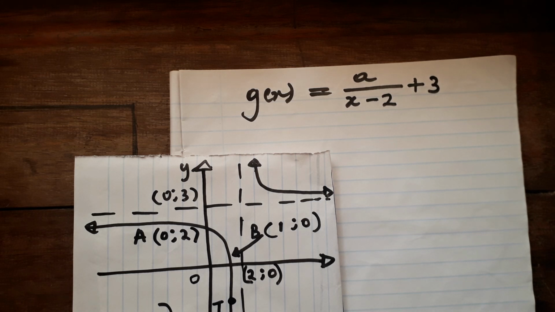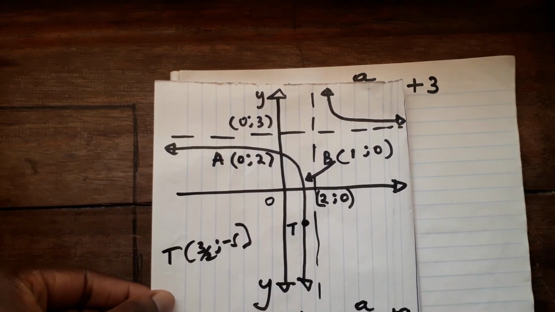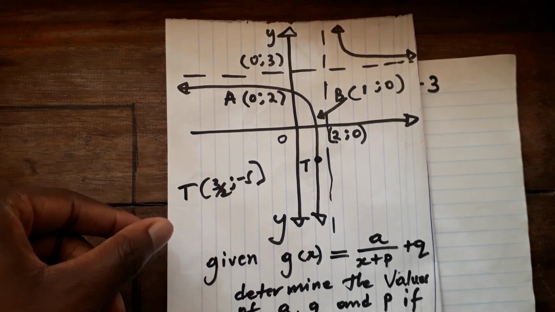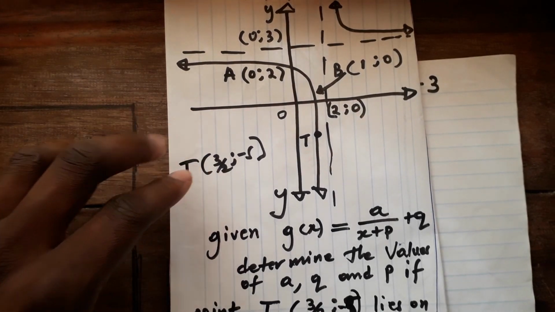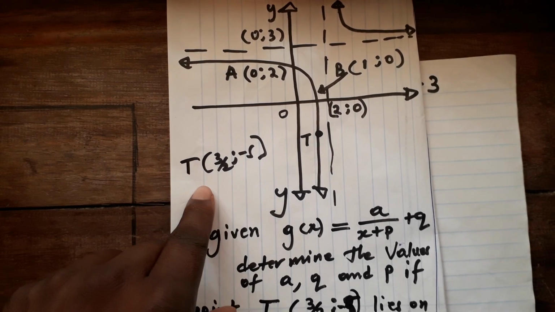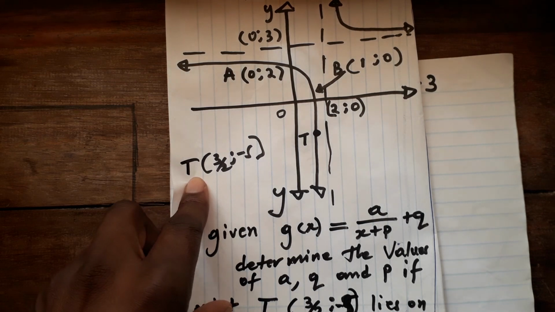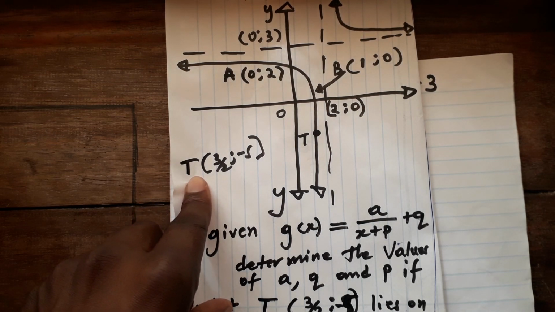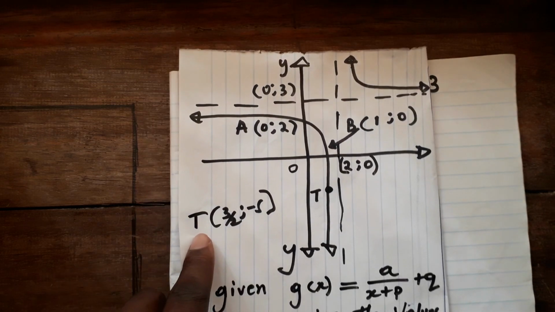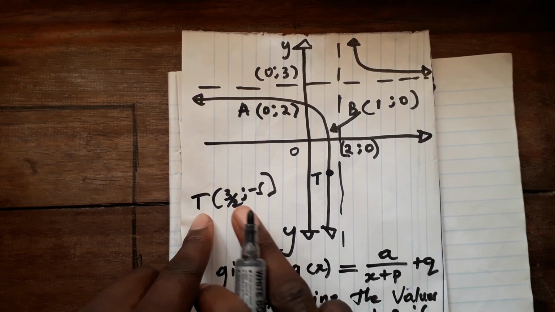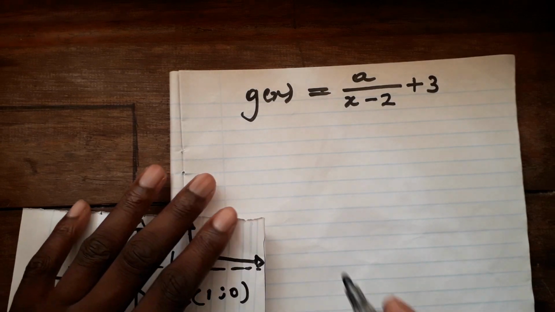And what are we going to do next? You just look at any point from this graph, substitute it, and then you will get the value of a. Let's pick the point T, and substitute it into the equation and solve for a. y is going to be -5, and then x is going to be 3/2.